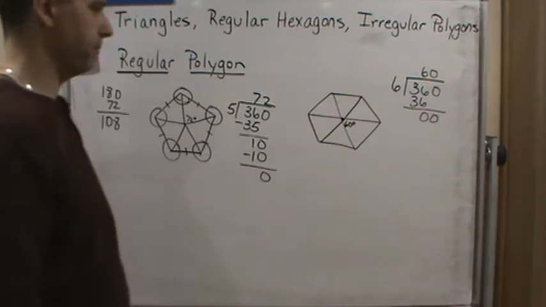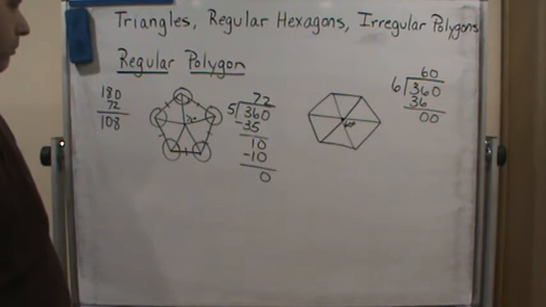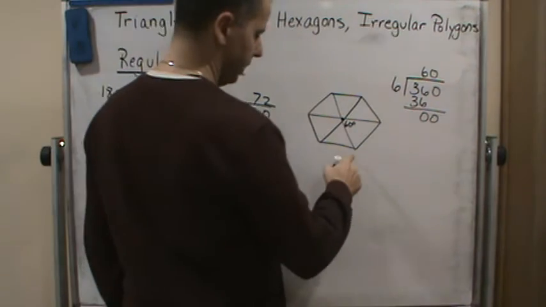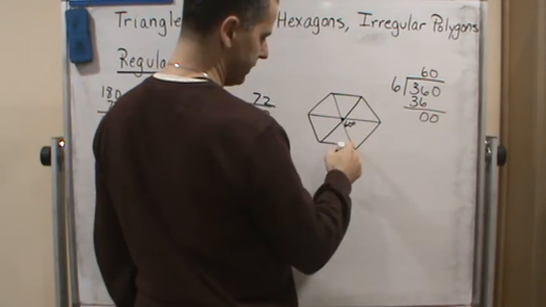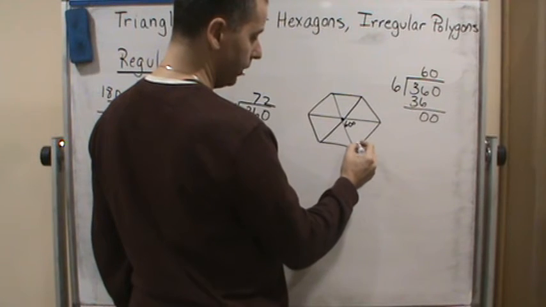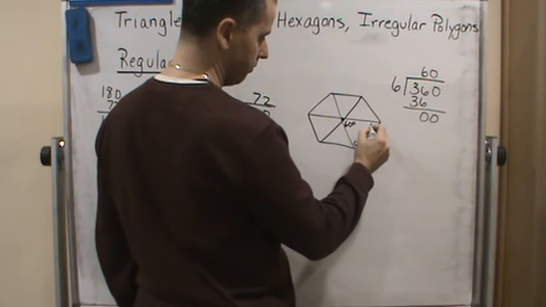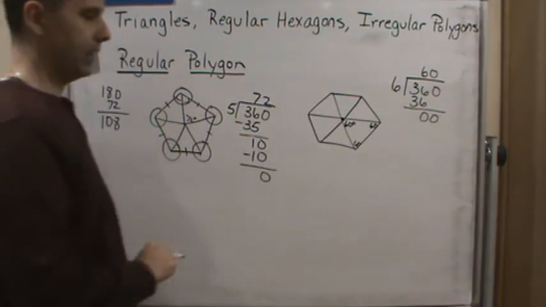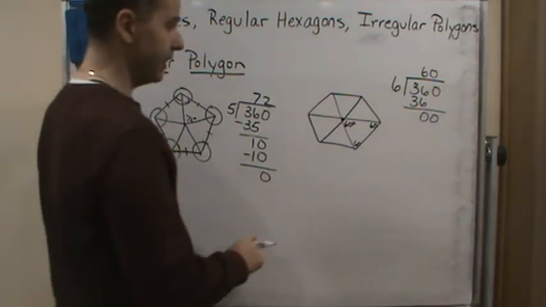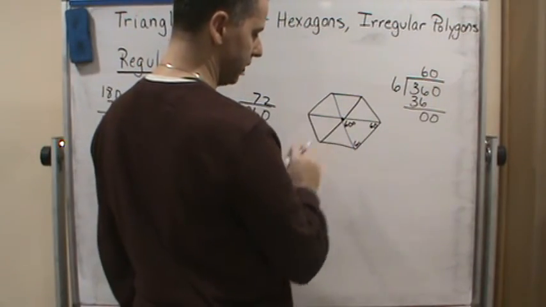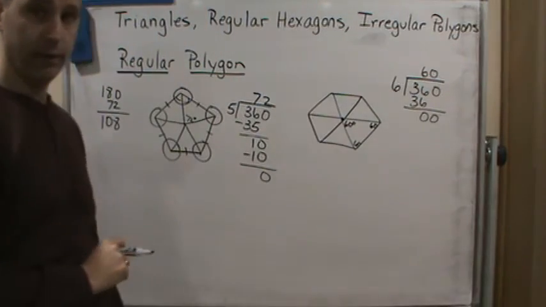Well, guess what? That means each one of these angles is also 60 degrees because it's an isosceles triangle. In fact, this is an equilateral triangle, as you can see.